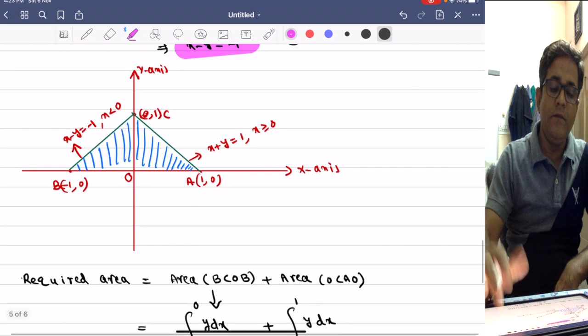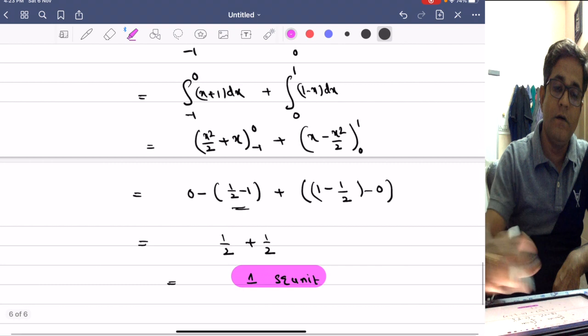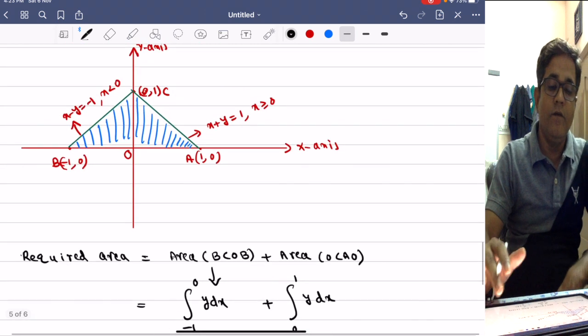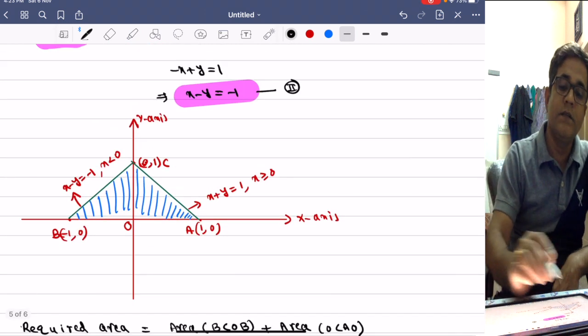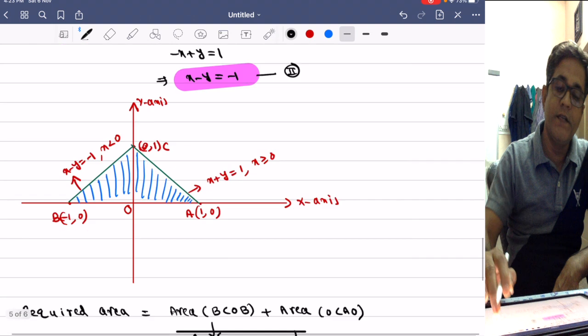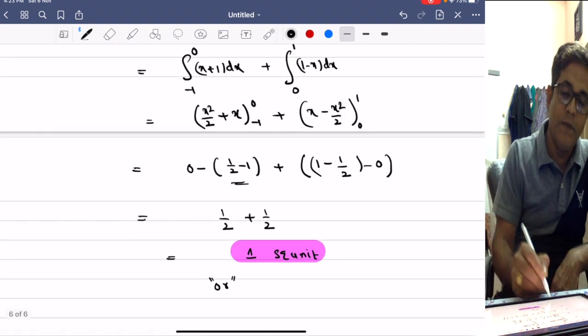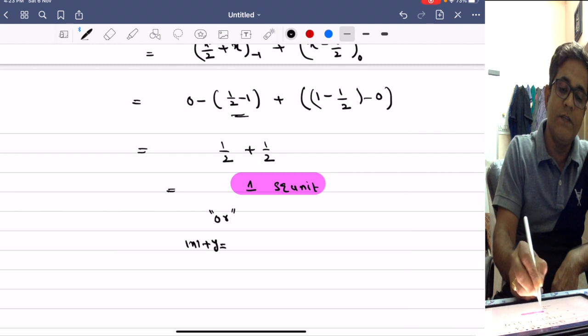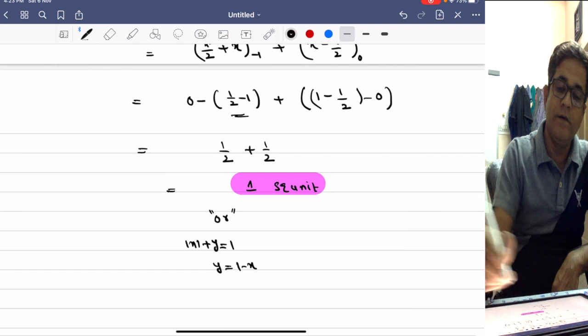Or, in an alternate way, you can solve the question with the help of symmetry also, because the given function is what? |x| + y = 1. Therefore, y = 1 − |x|.